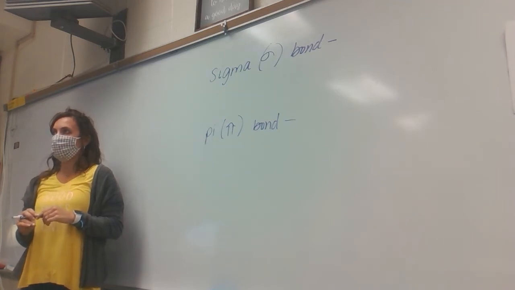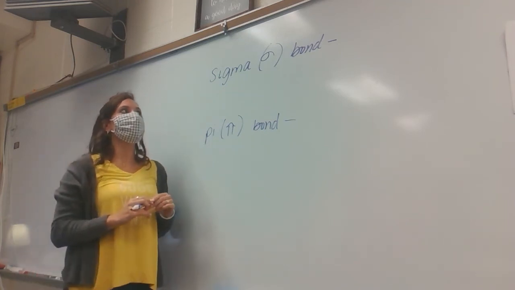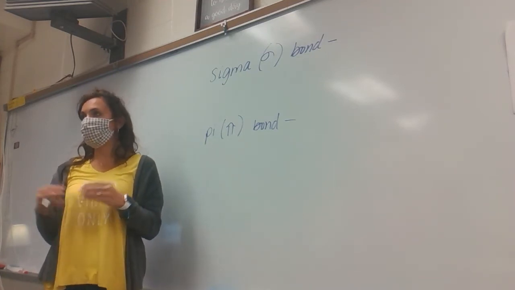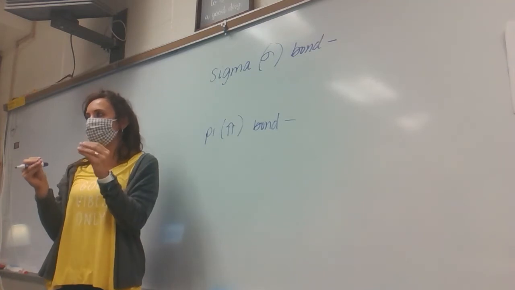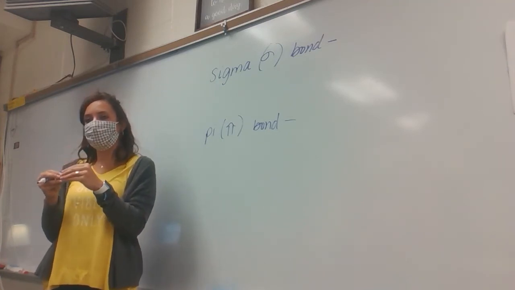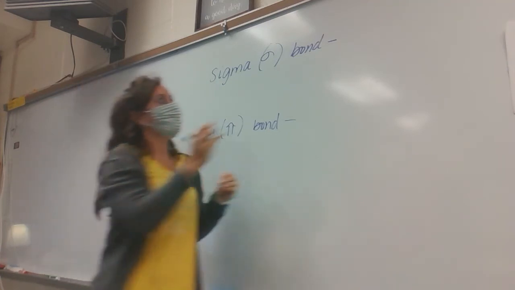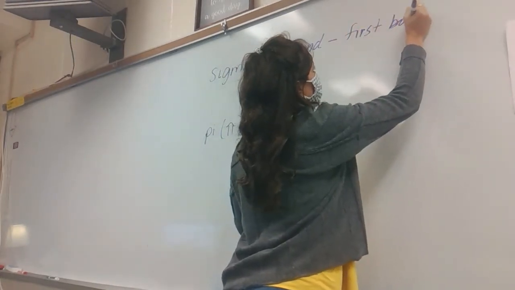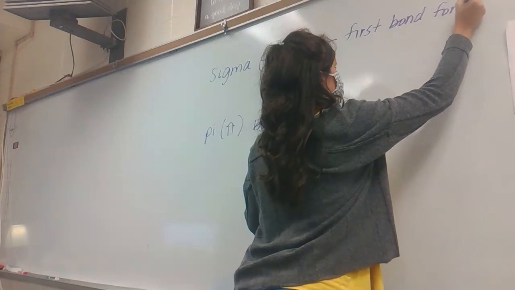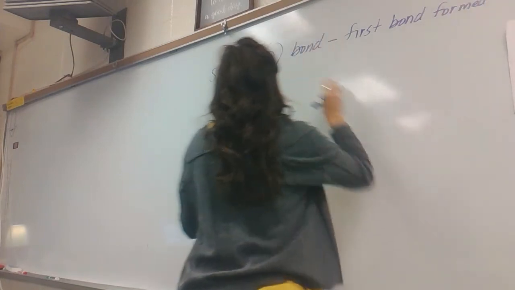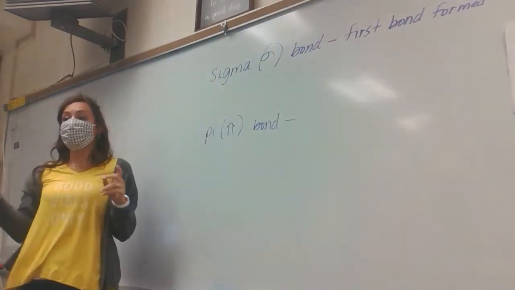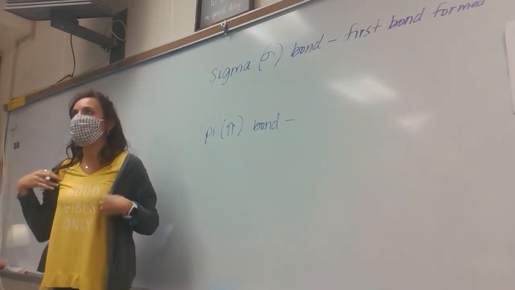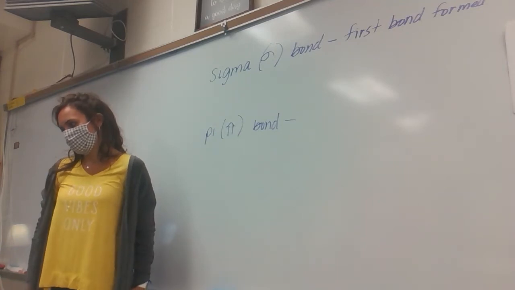When we're bonding two atoms, the first bond created between those atoms is the strongest bond, and that's called a sigma bond. It's the first bond formed. Sigma bonds usually originate in an s orbital. They don't have to, but they often do, and they're the strongest.